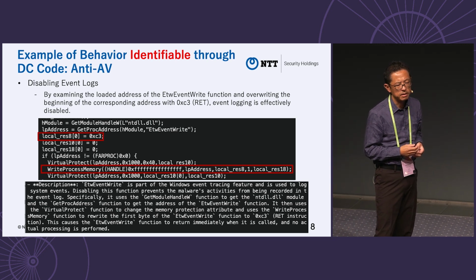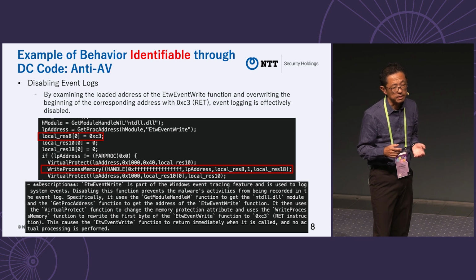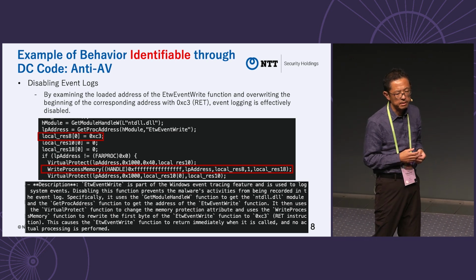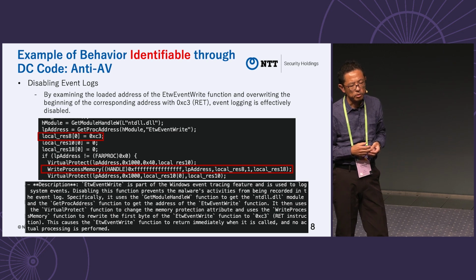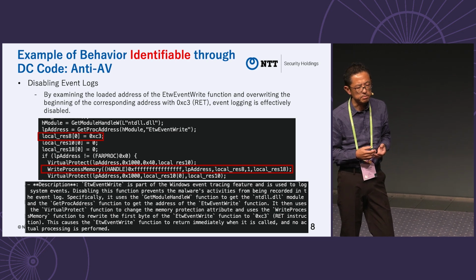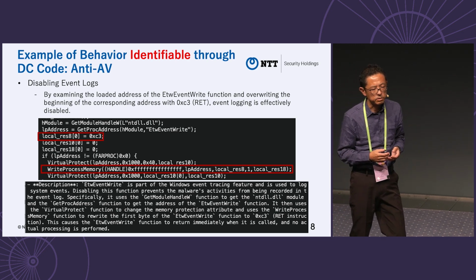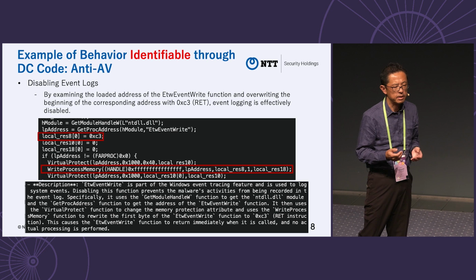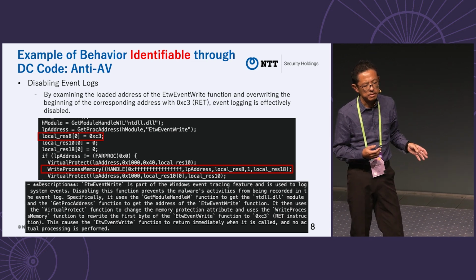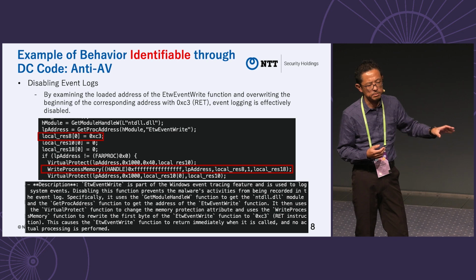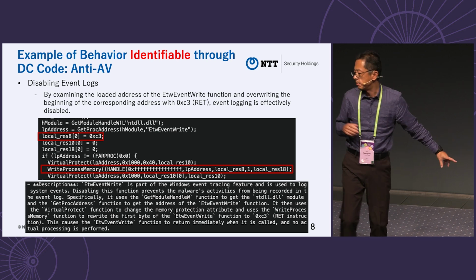By examining the loaded address, in this case it is the EtwEventWrite Windows API function, and overwriting the beginning of the corresponding address with 0xC3. It means return. So finally, the event log is effectively disabled in that case. GPT-4 also explained it well in the bottom.